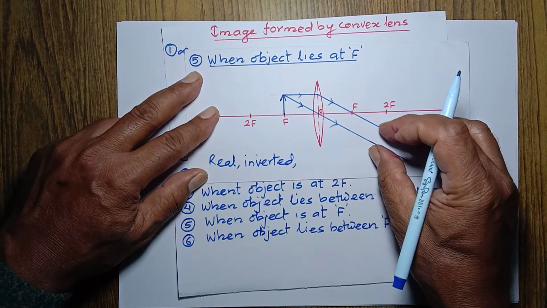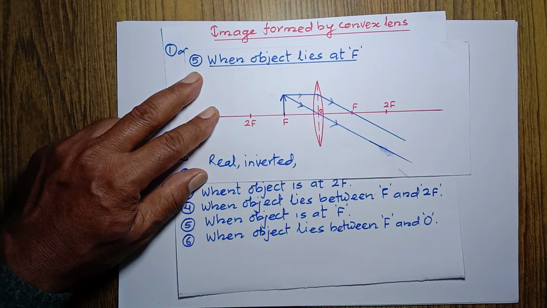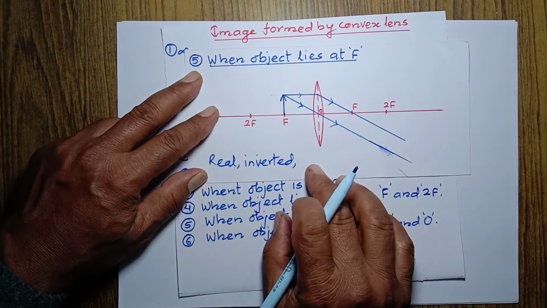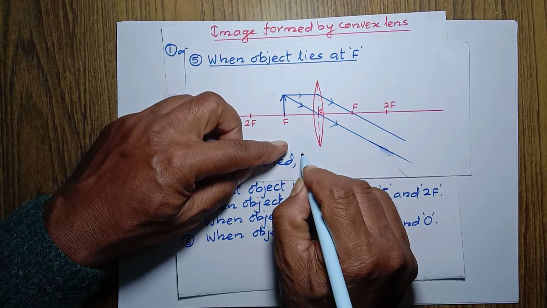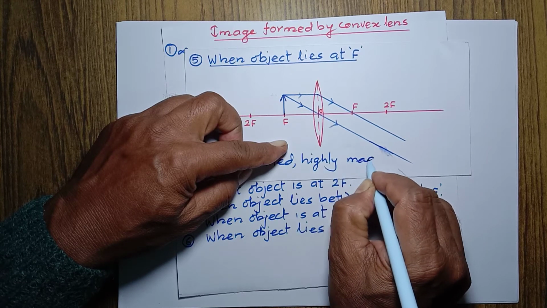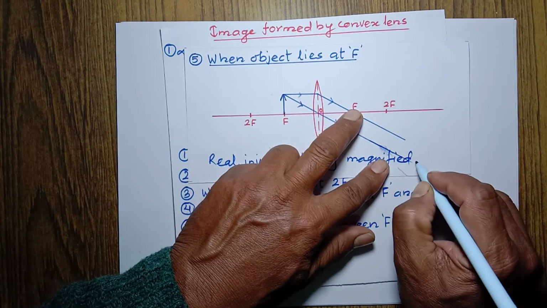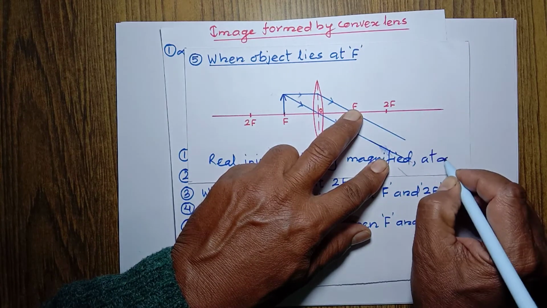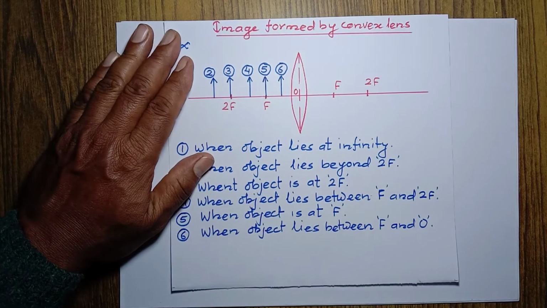And when they are produced to a very long distance, and this principal axis is also produced to a very long distance, then they will meet with each other. That's why the image is highly magnified, and it forms at infinity. Look at this. This is the solution of the fifth diagram.